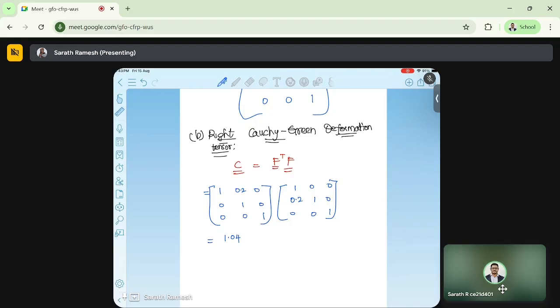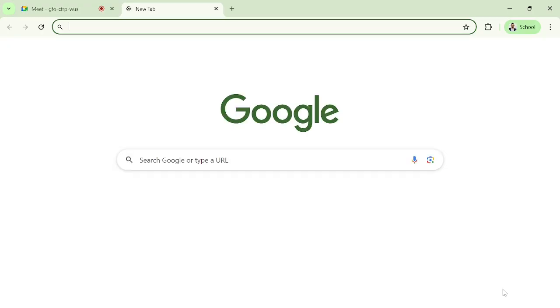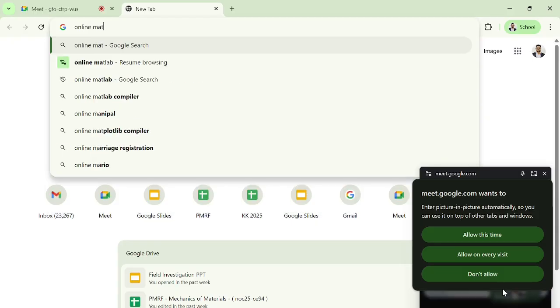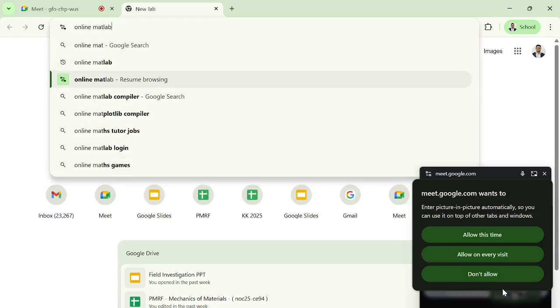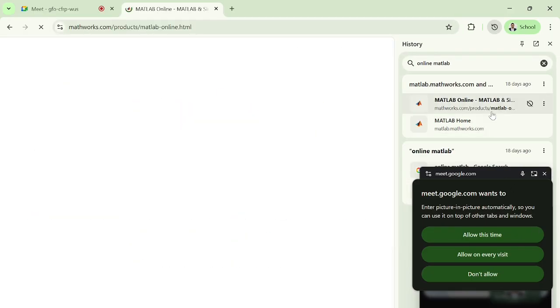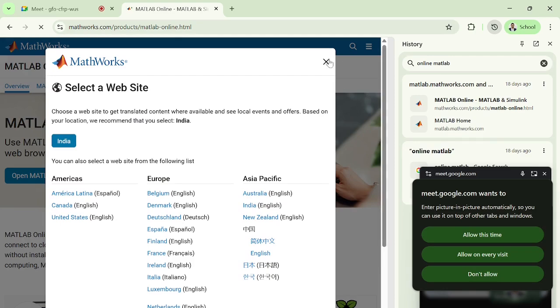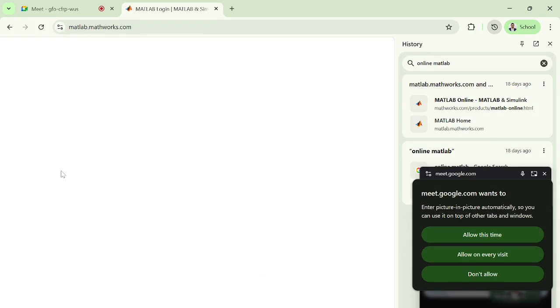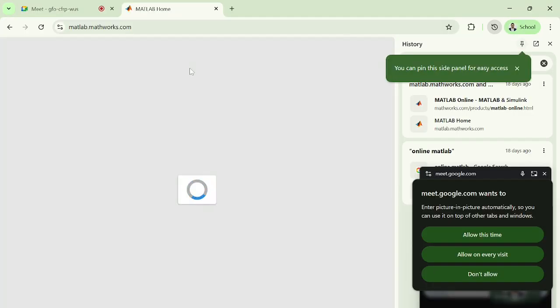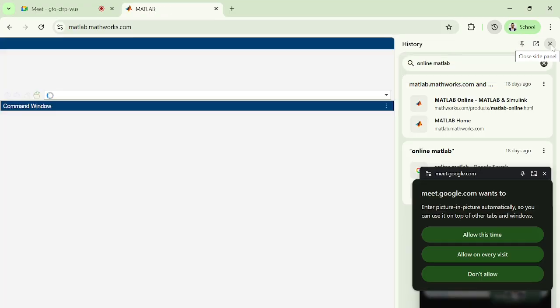Now let's try to do this in MATLAB. I'll also write the code directly so you will know. There is an online version available, so you can log in, create your account, or if you have it on your computer you can do that also.